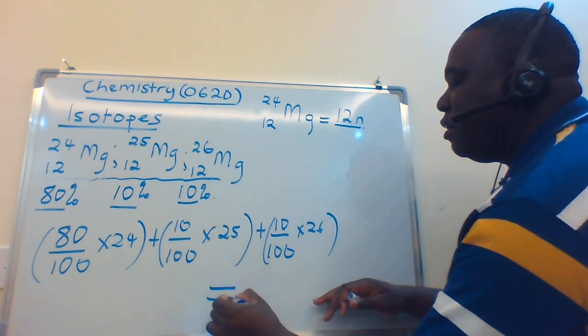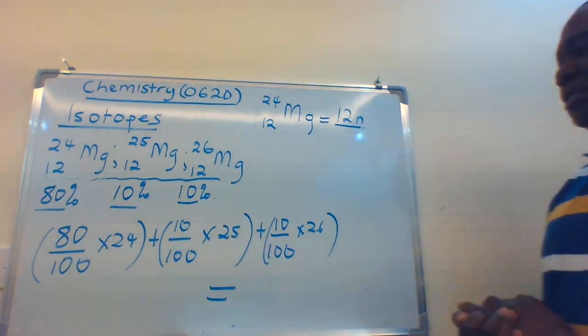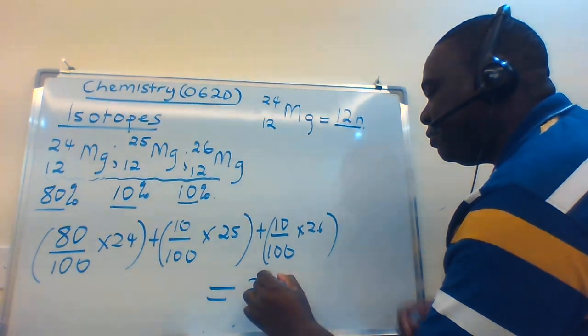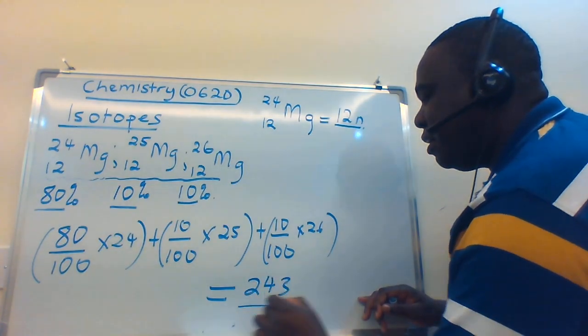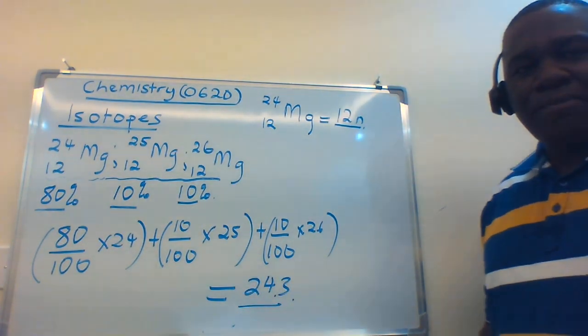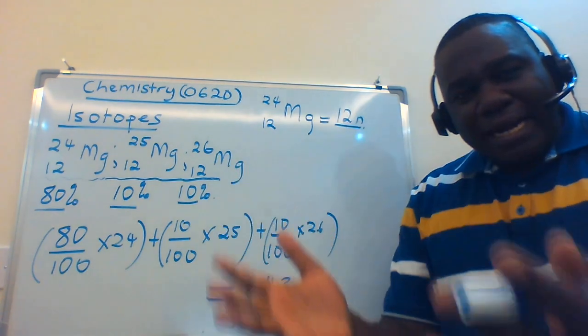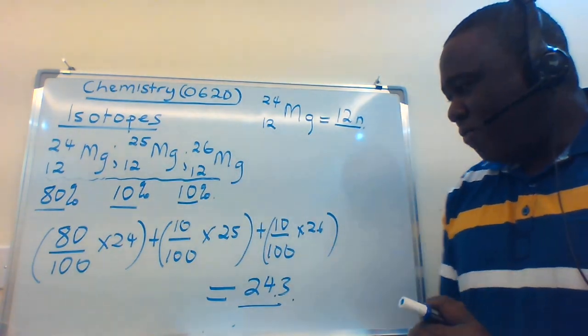If you perform this calculation on your calculator, you are going to find the number 24.3, which means this 24.3 is now the relative atomic mass of magnesium.